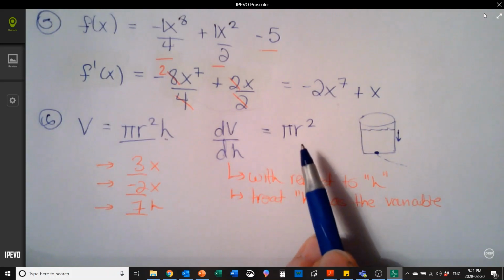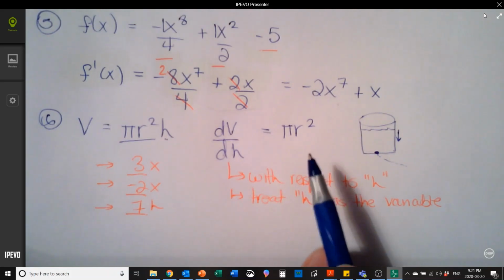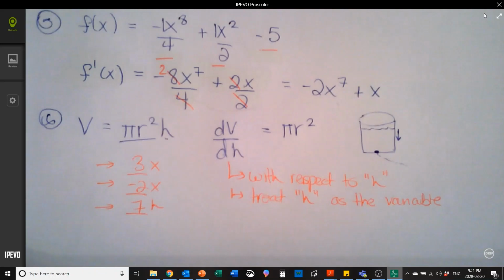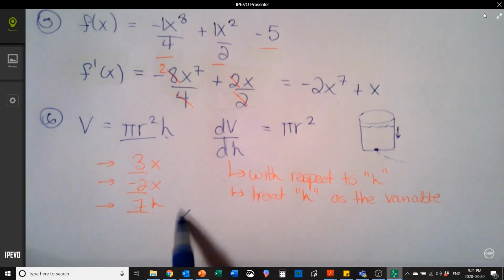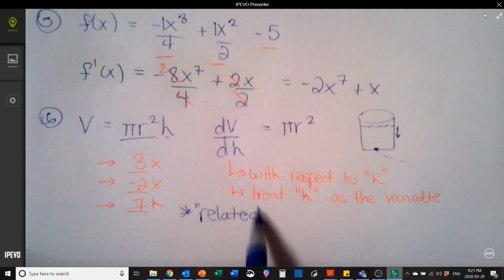So as the height is slowly decreasing by the smallest amount you can think of, every little bit that height changes, you're losing an area of a circle. And that's how the volume would be changing as well. Something you're definitely going to want to keep in mind when you study related rates.